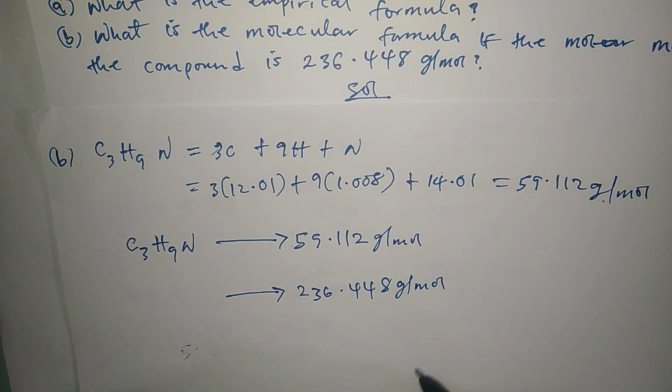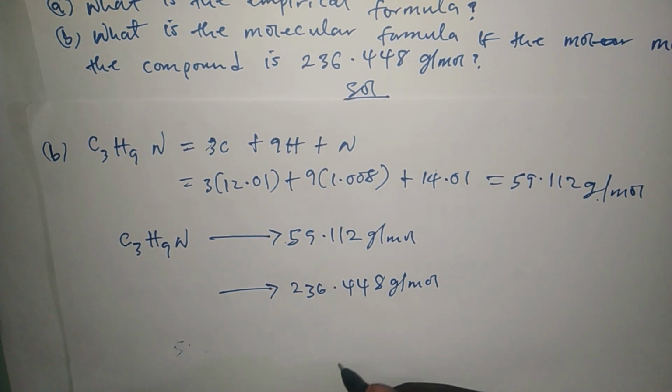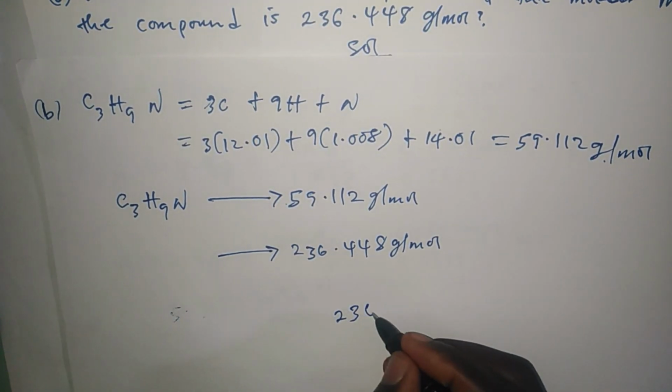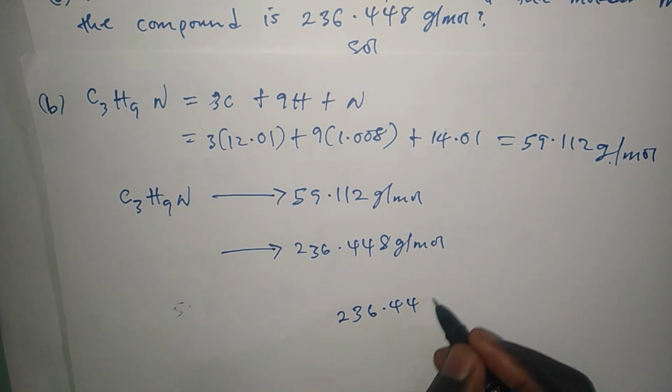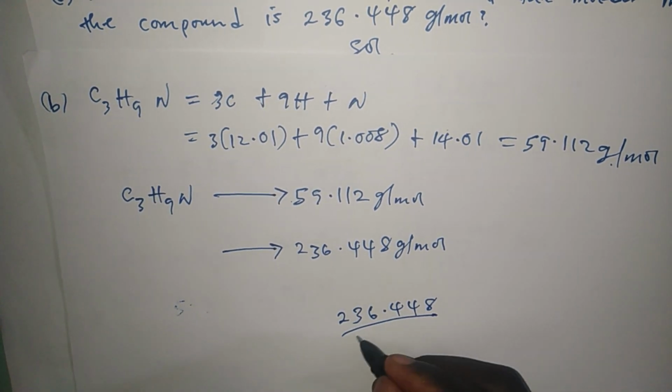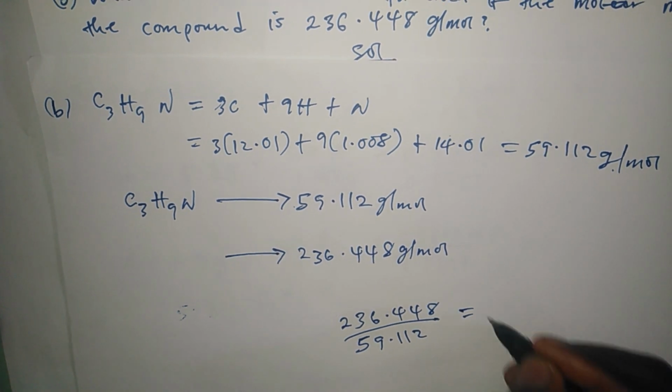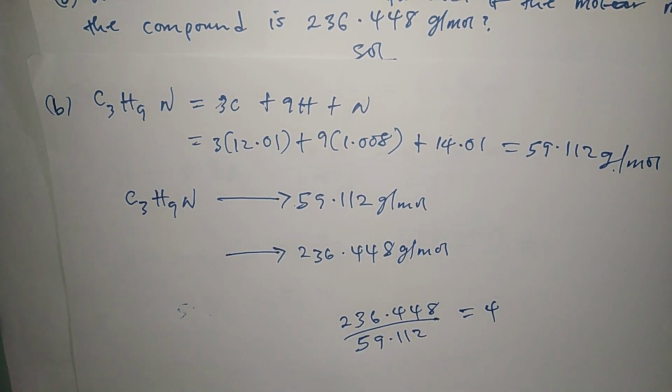So what I was basically saying is this: we'll say 236.448 divided by 59.112. So what we'll get is what? 4 when you divide it. Right? Now you multiply 4 by the subscripts.